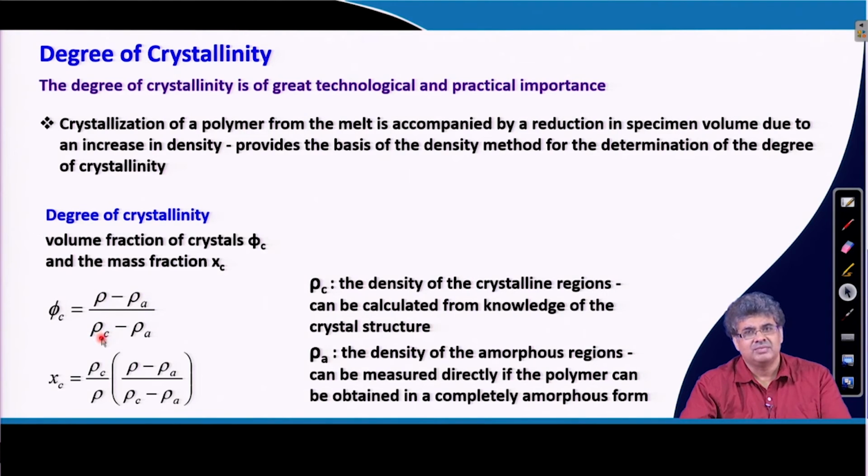So, for that we can use some model or theoretical studies: from the crystal structure we can find out the density value, or the value of rho c. So, rho c can be calculated, and rho a can be obtained from experiment, and rho can also be obtained from experiment. So, from that we can get the value of phi c and x c.